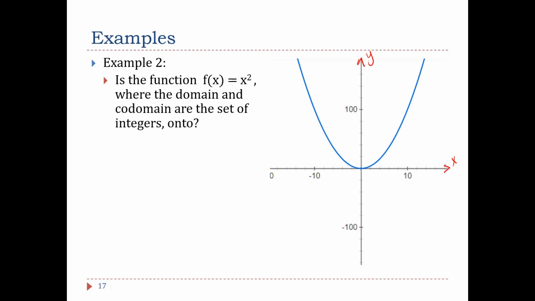For example, for 100, if you project until you meet the curve, you can find pre-images, at least one. But if you pick minus 100 or even minus 1, you don't meet the curve at any place. So there is no pre-image for minus 100.